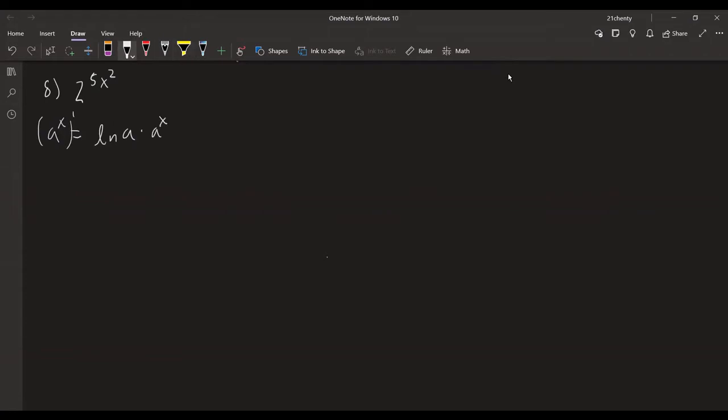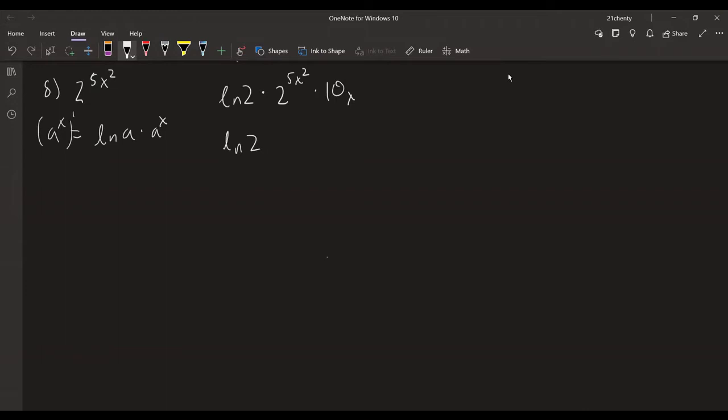So we can just apply that here: ln of a times a to the x, 2 to the 5x squared, and then we have to do the chain rule on this 5x squared, so that's times 10x. And then you can just put that together, and that is the answer.